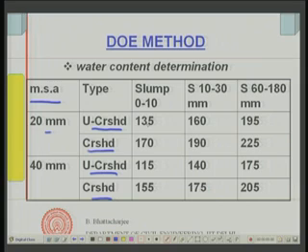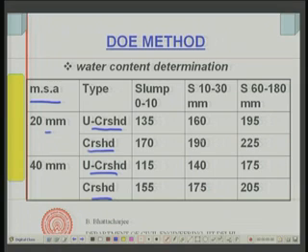This is rounded, this is angular. So, the shape of the aggregate has been taken into account here, and you can see when it is uncrushed the water required is much higher than when it is crushed. That we understand, because packing quality is better, so it will require less paste, and therefore, for a given water cement ratio, will require less water.